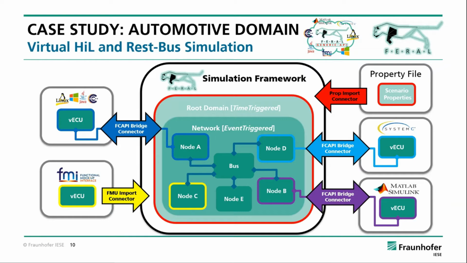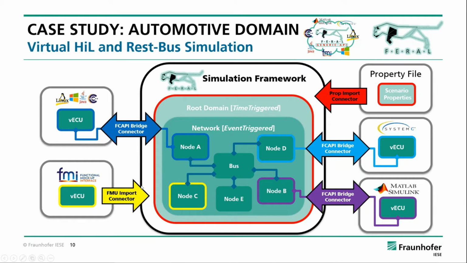So the setup for this project was the following: the Feral framework was set up, the dedicated bridges and connectors were created, and we were able to run the scenarios with these different components and the connection of different tools, basically SystemC components interacting with a component that was designed in MATLAB Simulink.